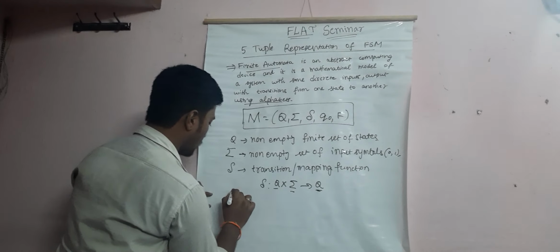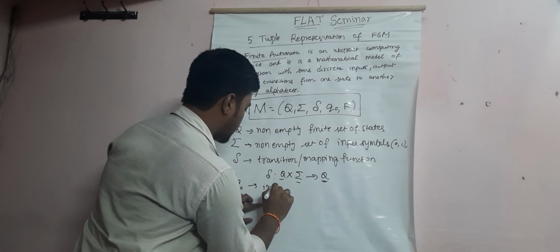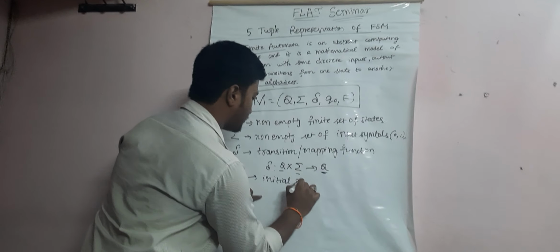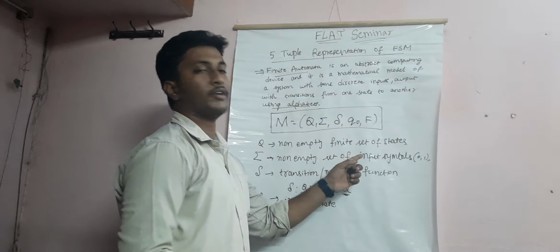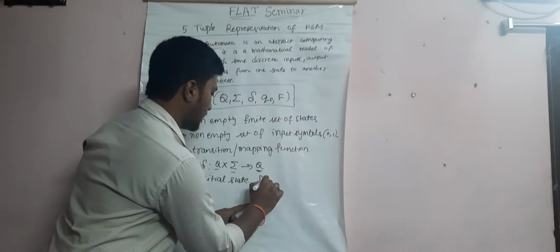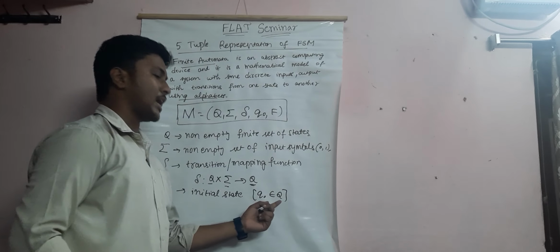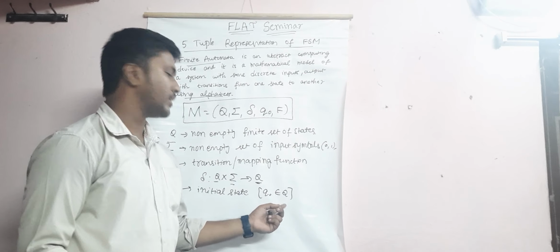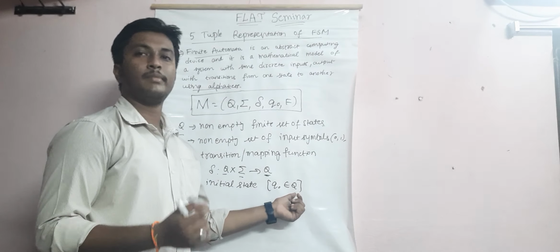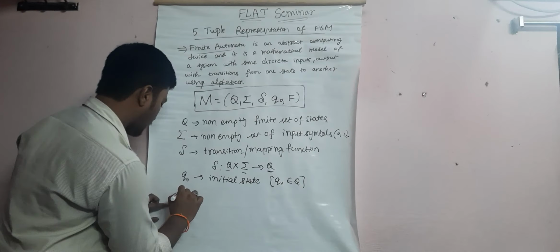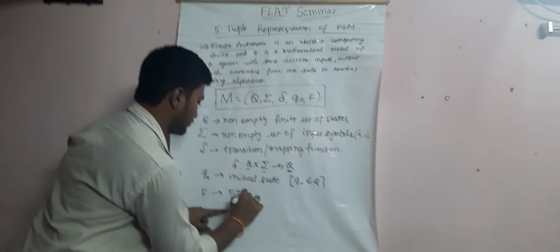Coming to the next one, Q0. Q0 is nothing but the initial state. This Q0 belongs to the total number of states, so we can represent it as Q0 belongs to capital Q. As capital Q contains every state, this initial state Q0 is also one of the elements in capital Q. Coming to the last term, that is F. F is the final state.